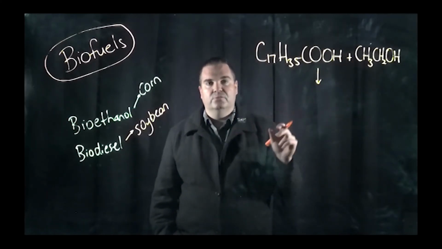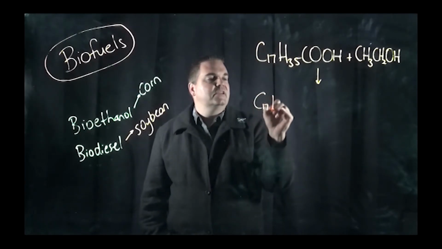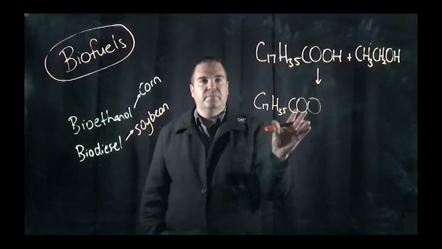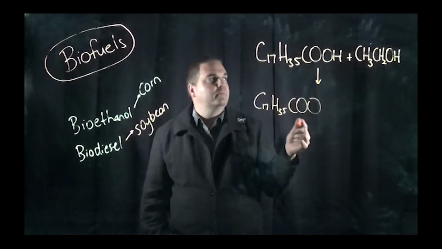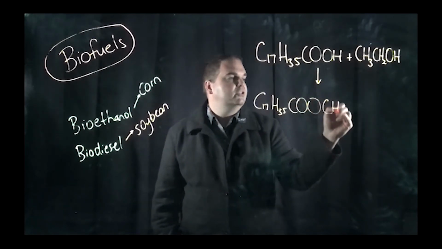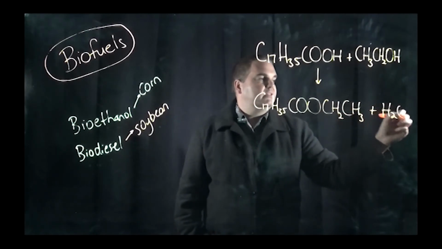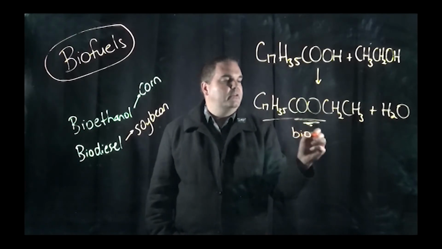So we're just getting a single chain ester. And so what we end up with is C17H35COO. So that's from the fatty acid part. That combines with the chain part from the alcohol, CH2CH3, and we get water as a byproduct as well. And this here is our biodiesel.